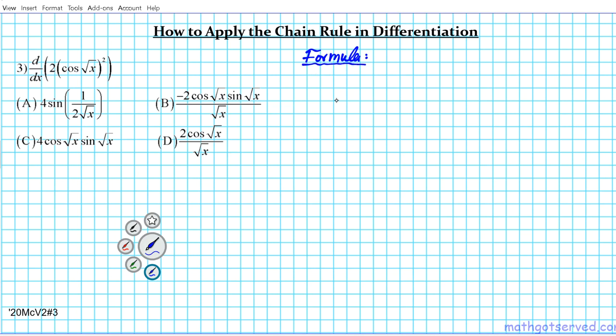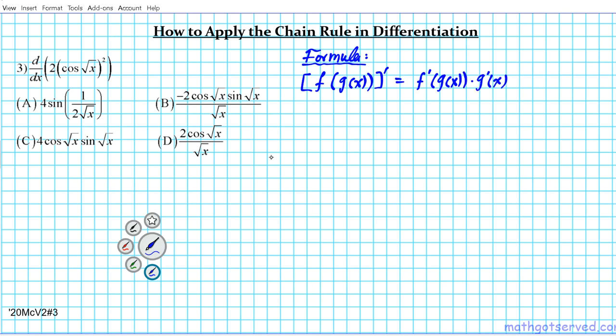So when do you apply the chain rule formula? When you are looking for the derivative of a composite function, basically a function inside a function. So let's say we have f composed with g of x and you want to find the derivative. To find the derivative of this, all you do is find the derivative of the outer function evaluated at the inner function times the derivative of the inner function.